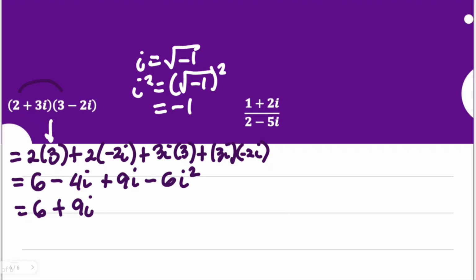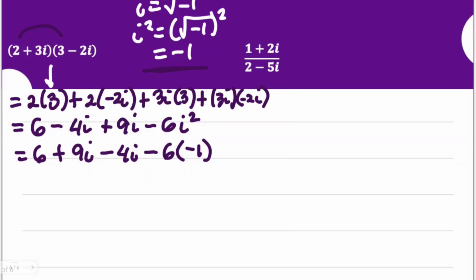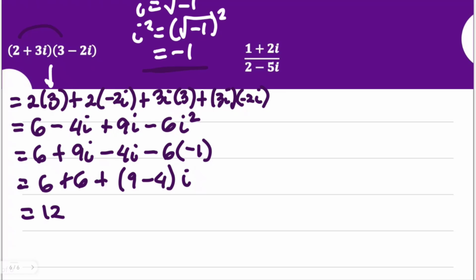I'm going to rearrange them for easier representation later on. Minus 6 times negative 1, as presented here. So this means 6 plus 6, because this is now plus 6, and then plus 9 minus 4i. Or again, you can automatically add them if you can. Nevertheless, I have 12, and then plus 5i. This is the product of the two complex numbers presented a while ago.